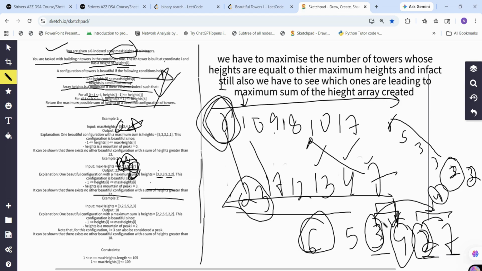It will be trying to make them equal, so it will be 3 and 3. So 6 plus 4 is 10, plus 5 is 15, plus here it comes out to be 6, so it will be 21.